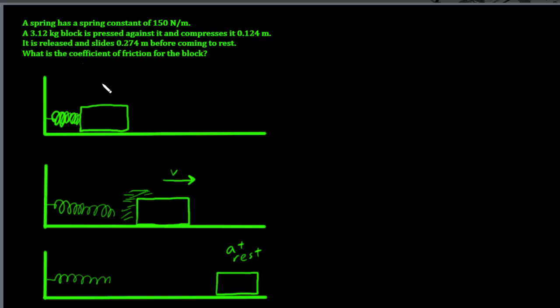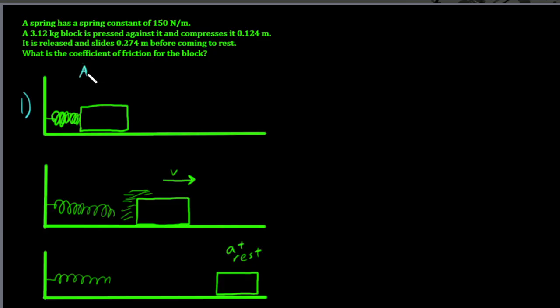All right, so let's start by just looking at where the energy is in each stage. This is the beginning of the question, scenario number 1. We have the block pressed against the spring and compressing it. While it's compressed, there is elastic potential energy stored in the spring. Since it's not elevated above a height and not in motion, there's no GPE and no KE.